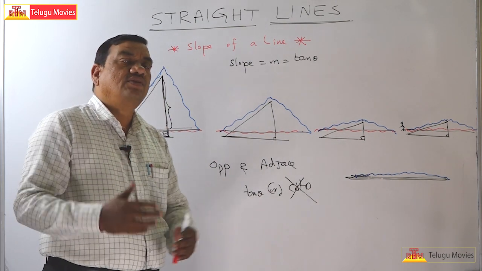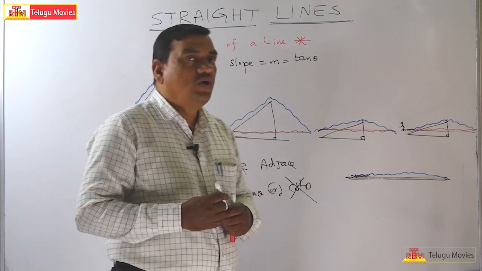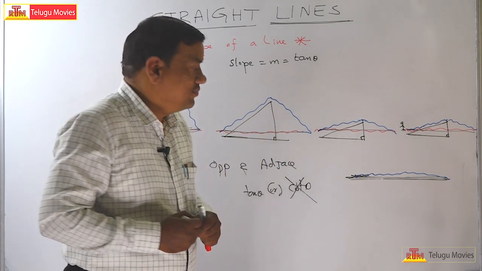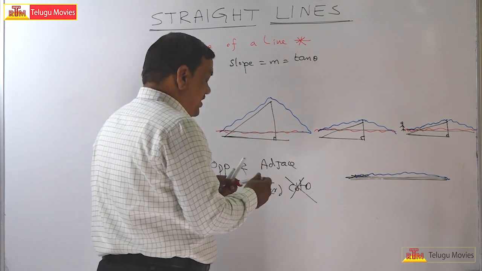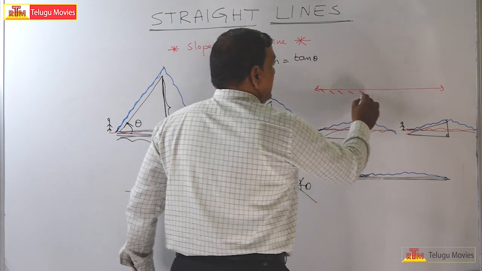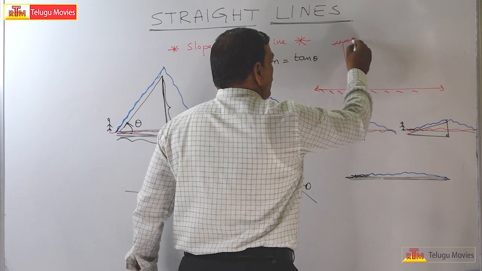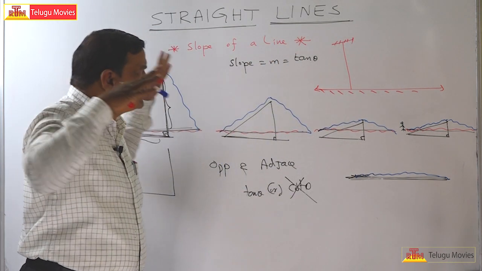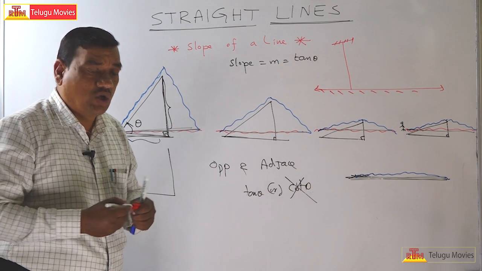For example, there is an electric pole, and a strong wind came. So this is the earth. Basically this is an electric pole. A very big storm came, a very big wind in the cyclone.